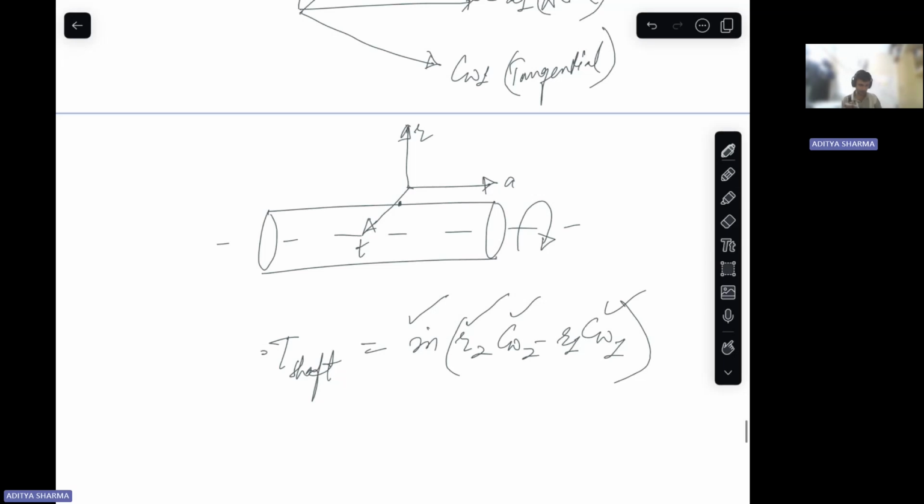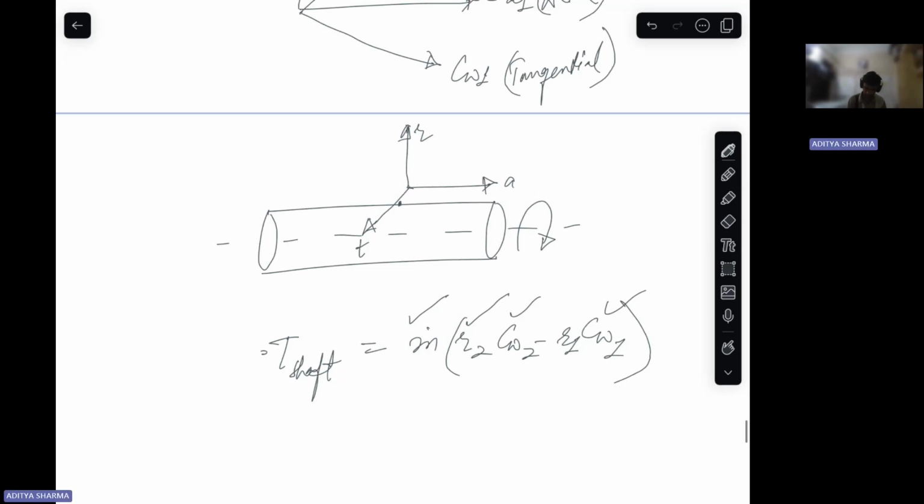Then here the components of velocity have been given. So if you see this component only, between the dots, this component is the tangential component.